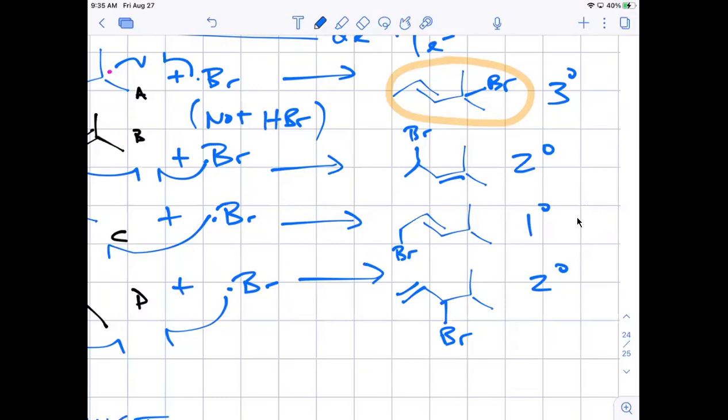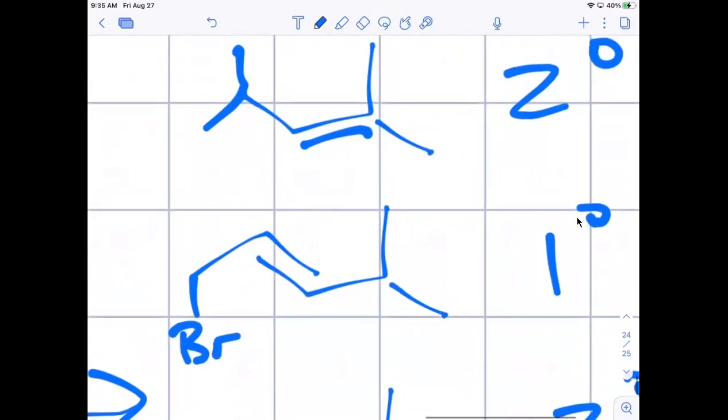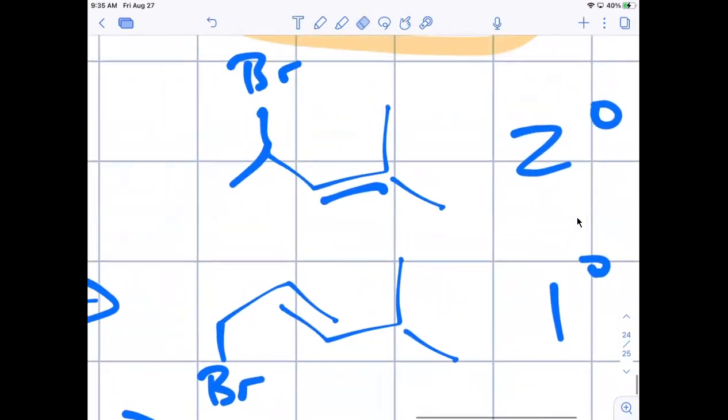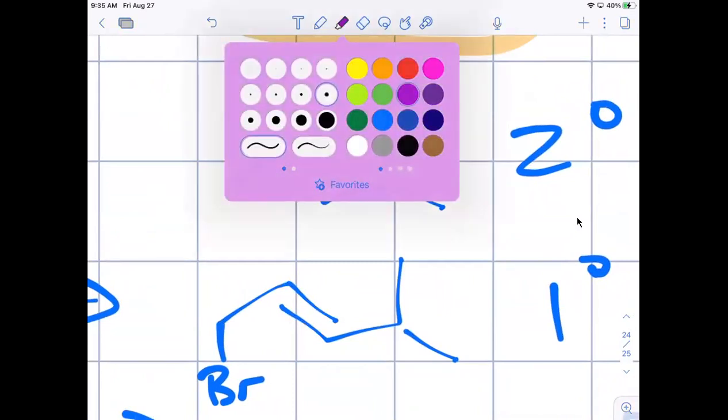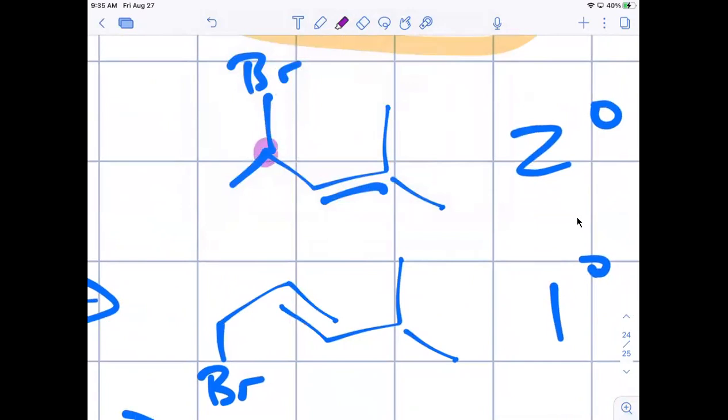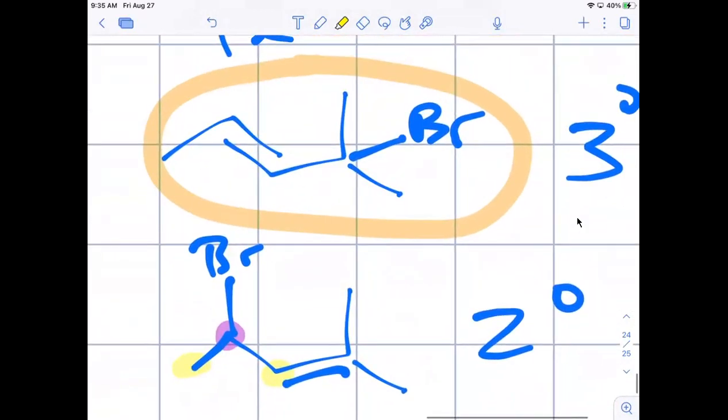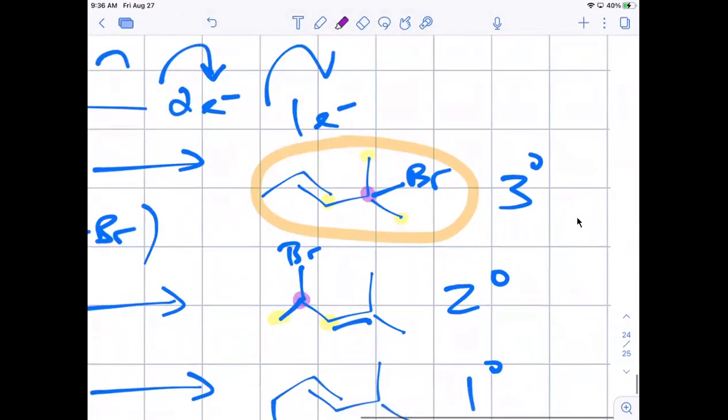Let me give you an example before we move forward. Right here, this is a secondary carbon, because it has a group on the left and the right of it. This one up here is tertiary because it has 3 carbons bound to it. So that's what I mean by primary, secondary, and tertiary.